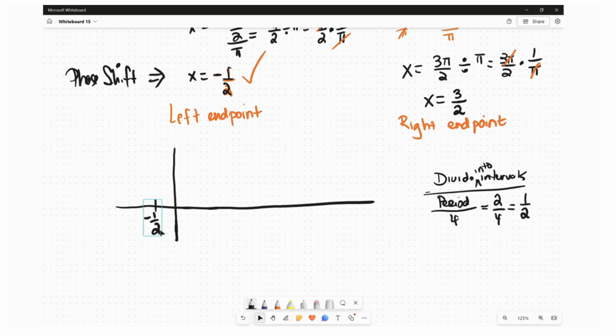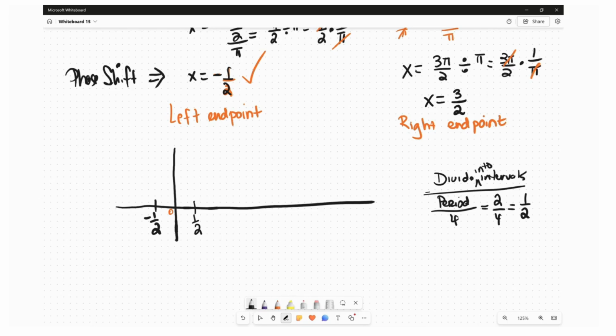So we start with negative 1/2. That's our left endpoint. Then we're going to add a half. Where are we? 0. Then we add a half. Where are we? 1/2. And we add a half to a half.